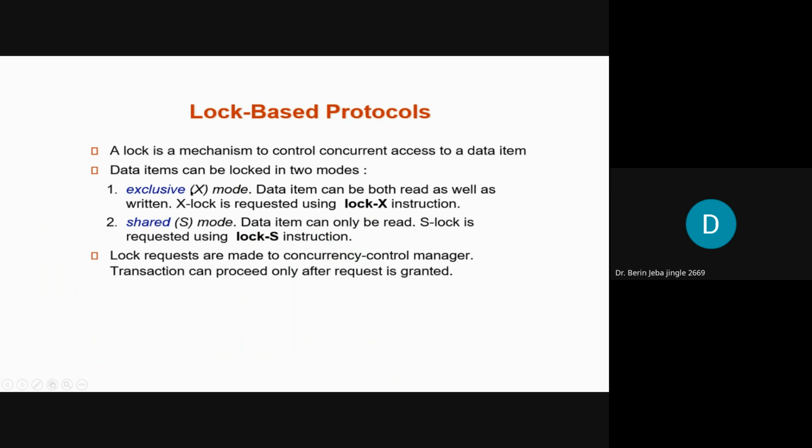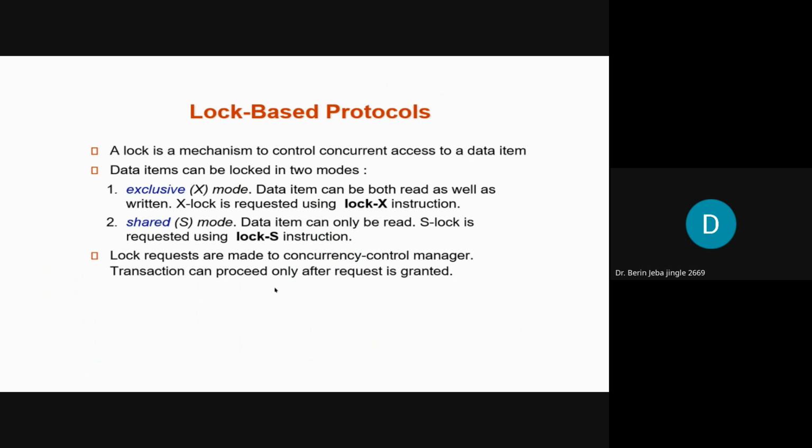Exclusive mode is denoted by the lock X instruction, and shared is given as the lock S instruction. What is exclusive X? After giving this lock, both read and write operations can be done. But in shared, only the read operation can be done.